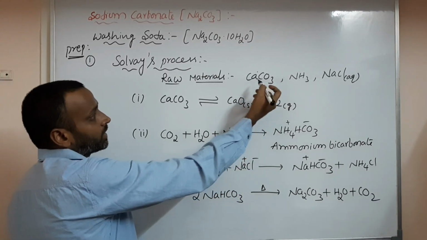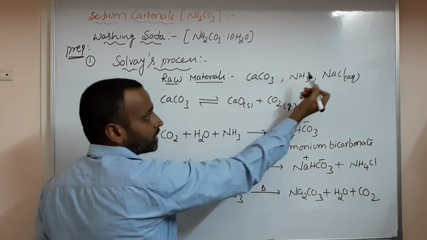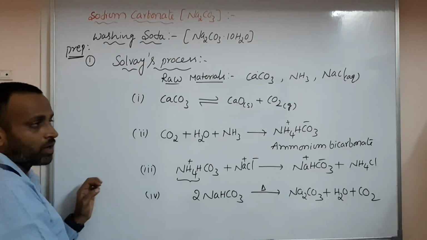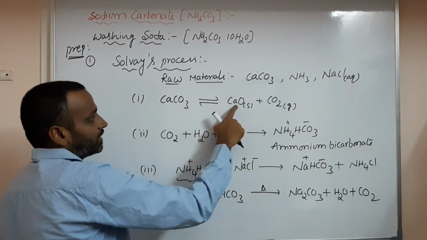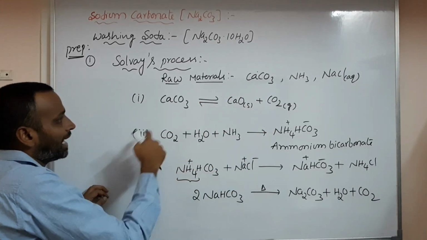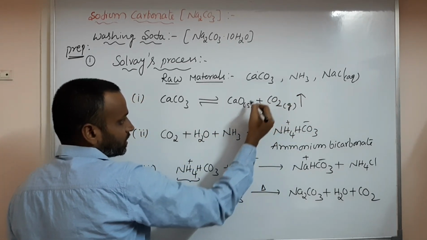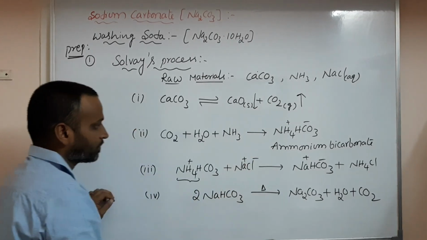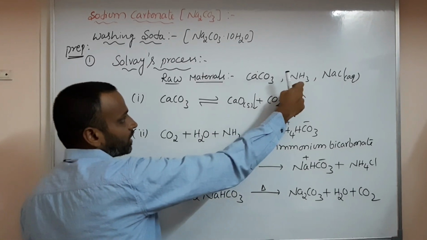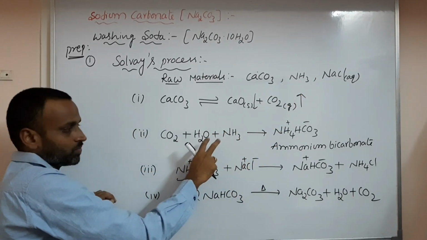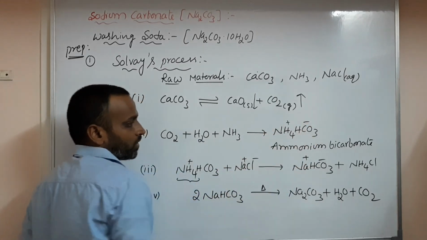So these are important: calcium carbonate used, ammonia used, NaCl used. First calcium carbonate will dissociate as CaO and CO2, and then CO2 goes forward. Through that CO2 we will send ammonia and water as well, so then you will get ammonium bicarbonate.